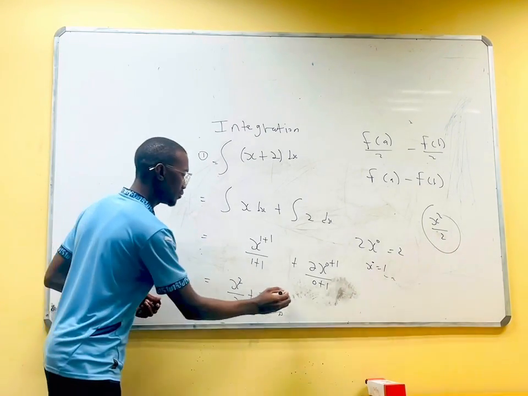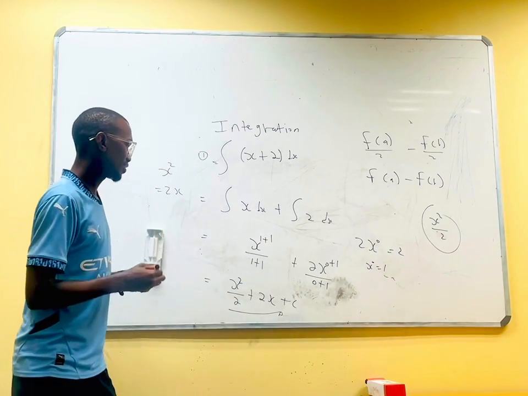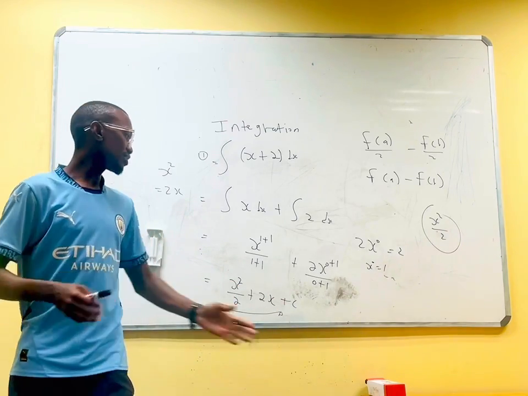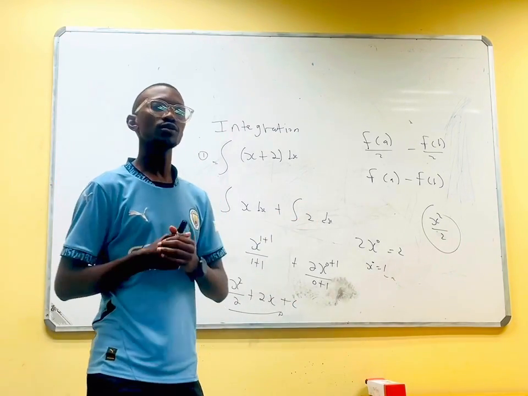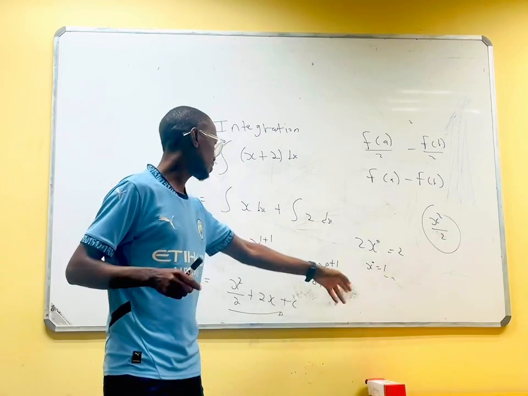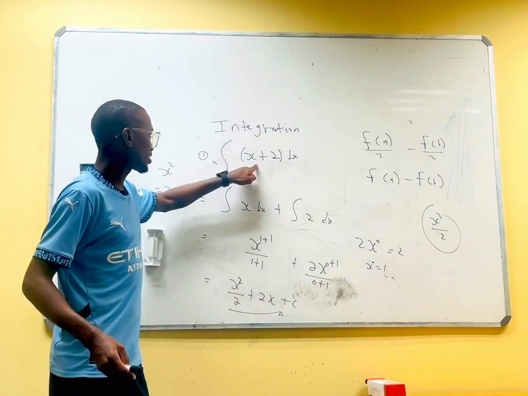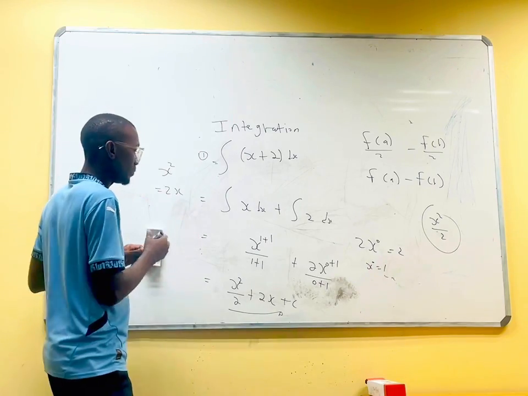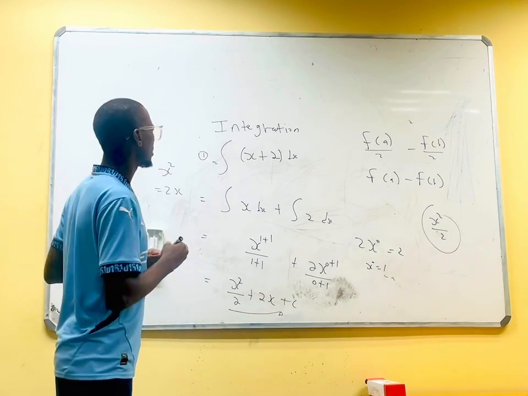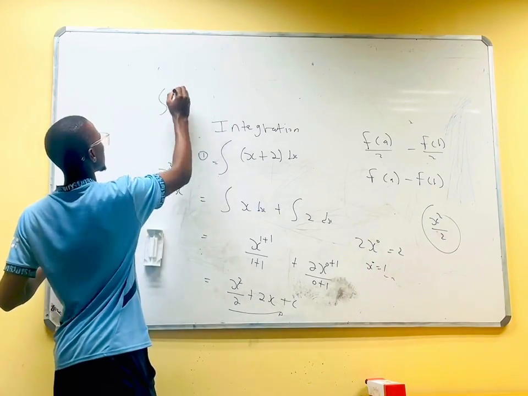Someone can say plus c, which is just a constant, any constant. If I differentiate this answer, it must take me back to the original question, which I think we had something like this.